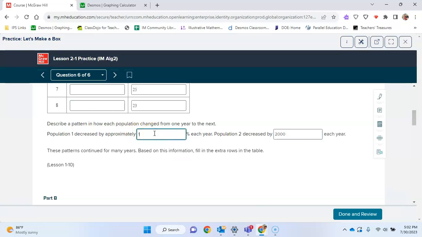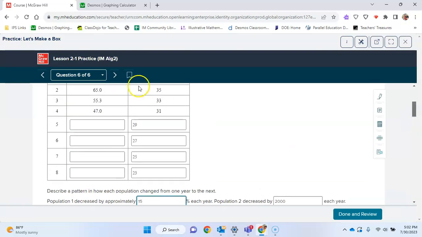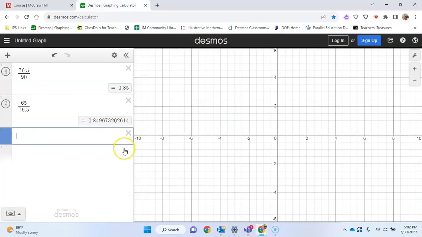each year. All right, they want us to find the next 4 years, so we take 47 times 85%, which is times 0.85. 39.95.